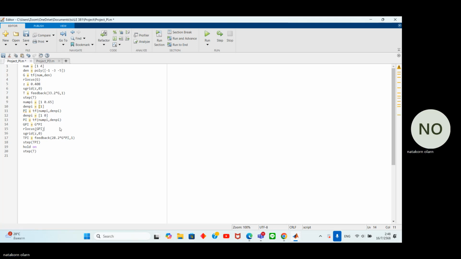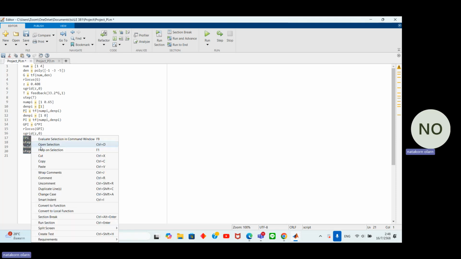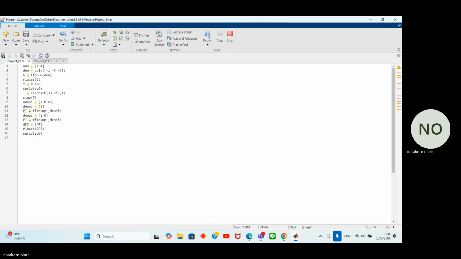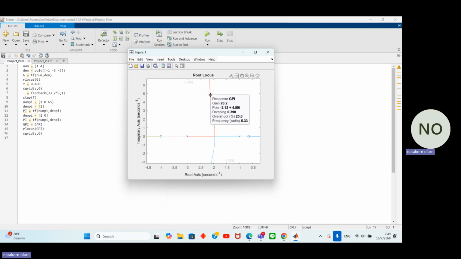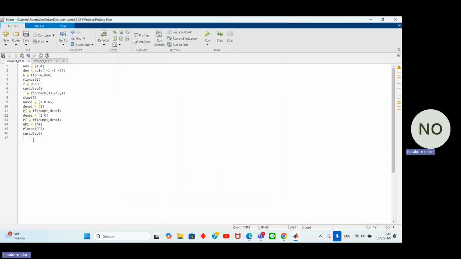And then I plot the root locus and find the damping ratio point in here. My system is not specific to the 0.4 damping ratio, so I use the damping ratio this.